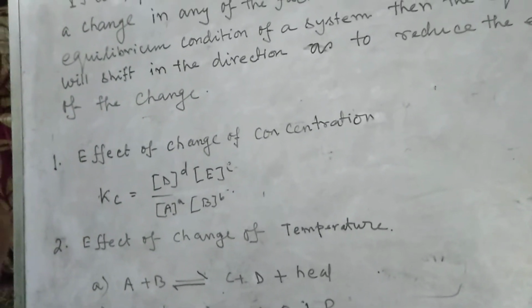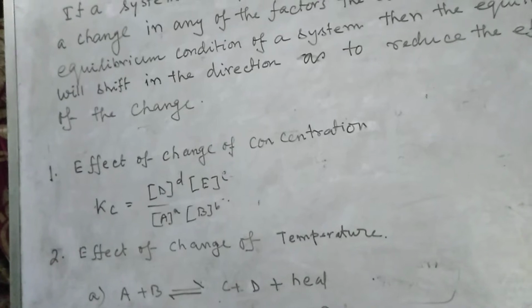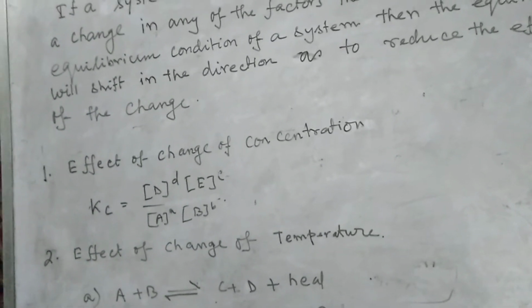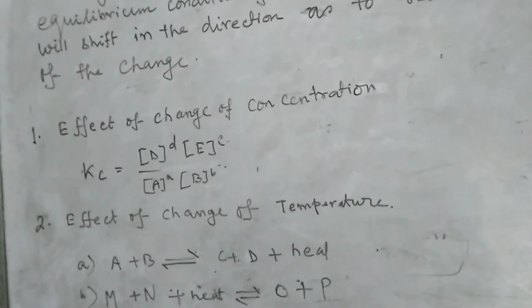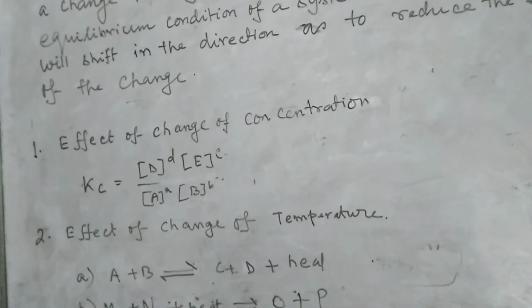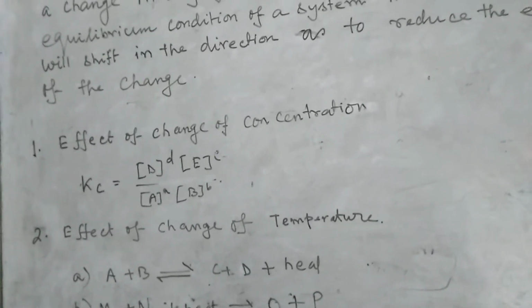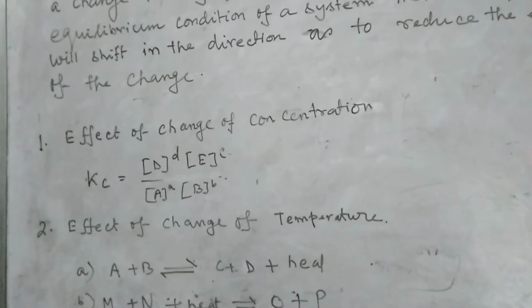So D and E combine together to form A and B. So the backward process will be favored in that case. Is it clear? The effect of change of concentration.